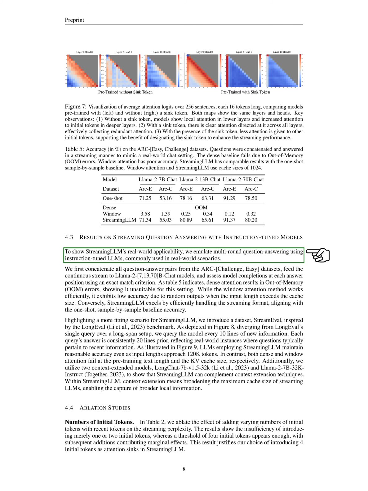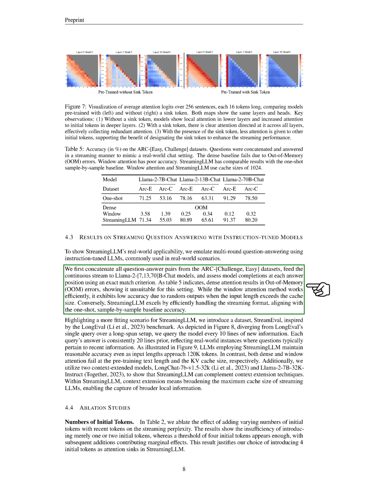To demonstrate the real-world applicability of StreamingLLM, we simulated multi-round question answering using instruction-tuned LLMs, which are commonly used in real-world scenarios. We concatenated all question-answer pairs from the ARC Challenge and ARC Easy datasets, fed the continuous stream to the Llama 2 7B, 13B, and 70B chat models, and evaluated model completions at each answer position using an exact match criterion.